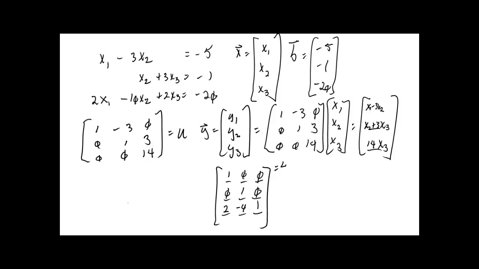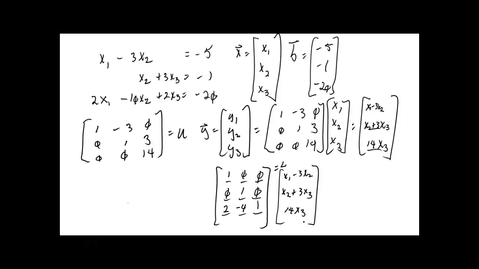And what do we do with the y vector? Oh, I'm sorry, still on step 1. Then do Ly equals b. That's your lower triangular. And then you're going to do that times this thing, which is x1 minus 3x2, x2 plus 3x3, and 14x3.